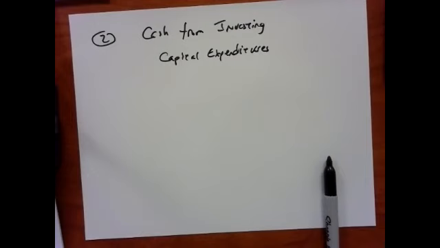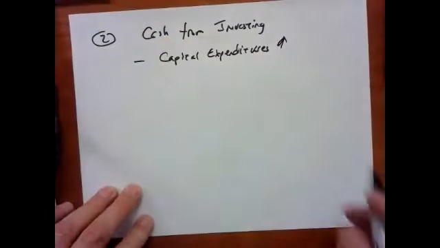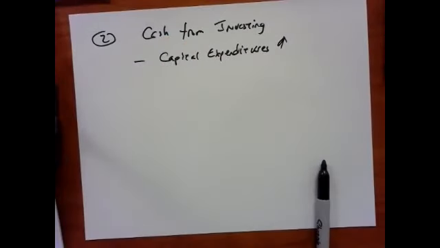Setting aside how it's financed, because we'll get to that in a minute. If an organization buys a new truck, what would happen to its cash balances? It would go down, right? You have to give cash to the dealer, right, to buy the truck. An increase in capital expenditures results in a decrease in cash.